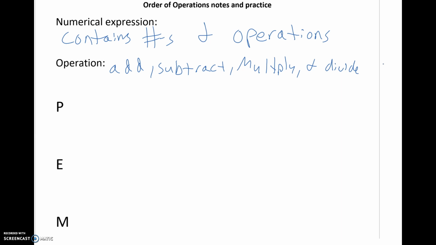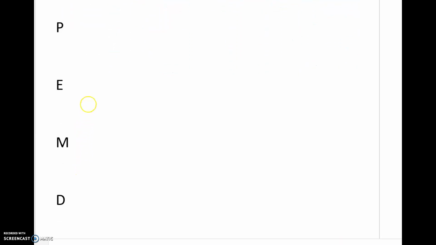Okay, so to figure out what order you do certain operations in, there's an acronym that's going to help you with this. It's called PEMDAS. You may have heard it like a silly little sentence. Some people say, "Please excuse my dear Aunt Sally," to help them remember the letters in PEMDAS.